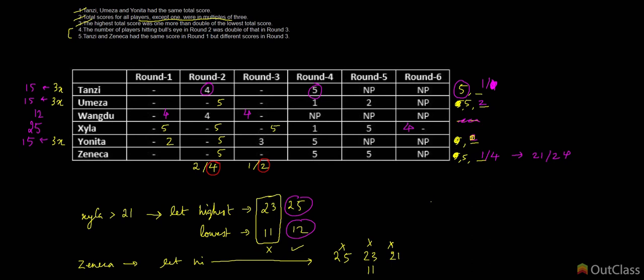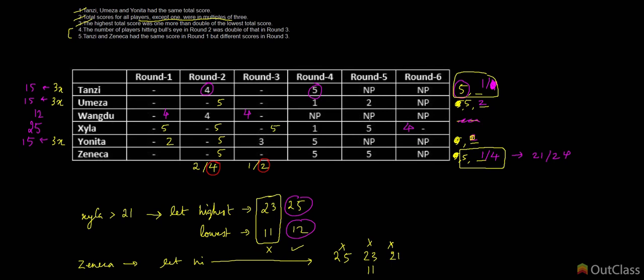6th row. Now we come to the 5th clue, which says Tanzi and Zenaka have the same score in round 1 but different scores in round 3. Tanzi has a 5 and a 1 left to place. Zenaka has a 5 and a 1 or a 5 and a 4 left to place. If we choose 5-1 for Zenaka, then either both round 1 and round 3 will match, or neither will match.